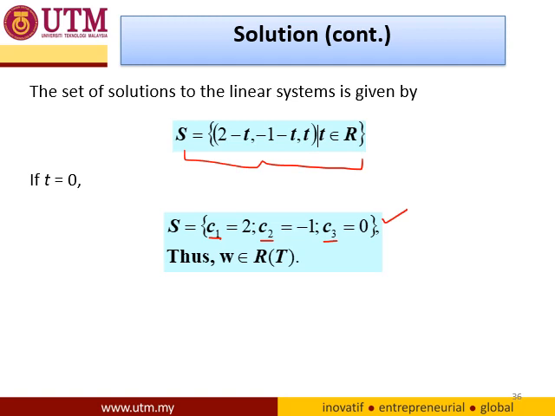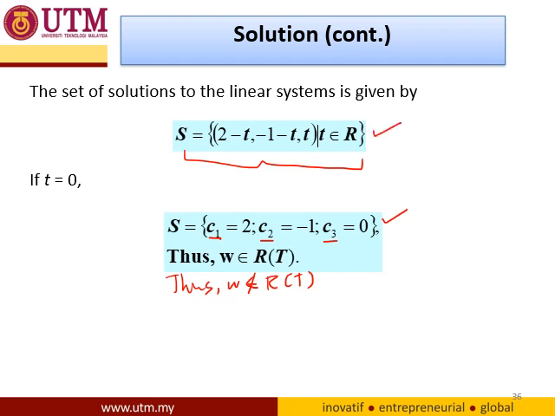What if we cannot find a value for one of the scalars here? If we don't have a value, then we can say W is not in the range of the transformation. Don't be confused. In this example we have values for the linear system, many in this case.